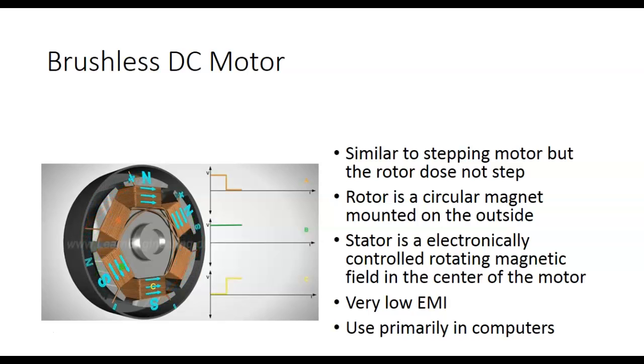Yeah, so this and the stepping motor, we cause the field to rotate. All your other motors, we cause the armature to switch the field, right? So the advantage of a brushless DC motor is that it has almost no electromagnetic interference.